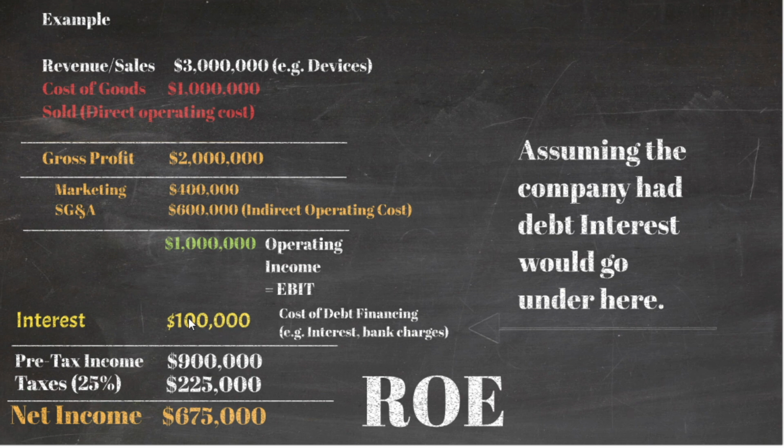So we have our $100,000 for whatever loan. If we took a loan out, this is our interest payment. We're subtracting that from the operating income, and now it gives us a pre-tax income of $900,000.